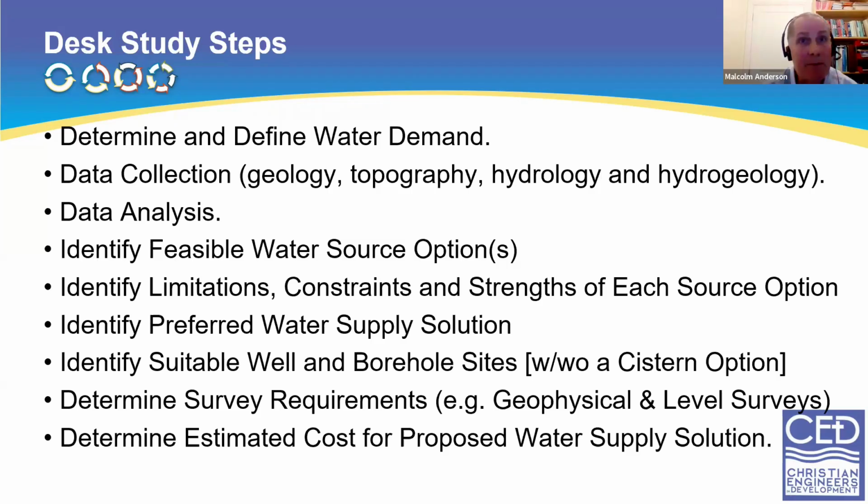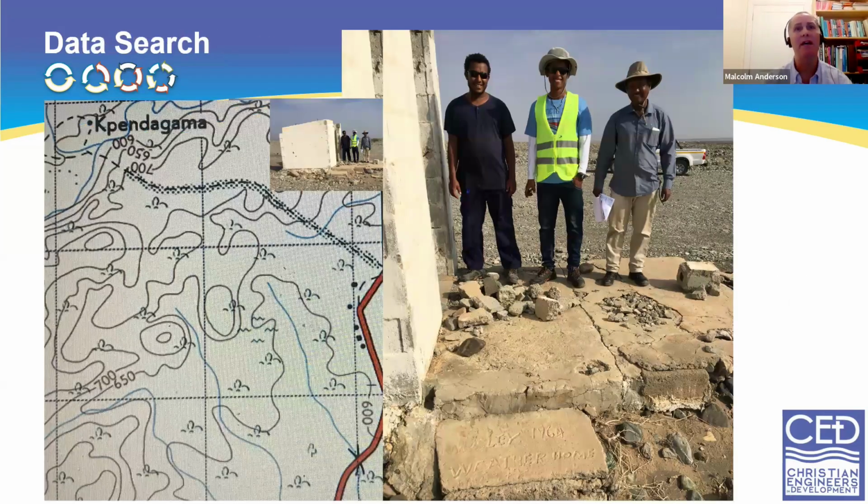We mentioned this previously. So this slide here is just an example for a data search that you've got to carry out. Of interest is this picture here, which I don't know whether you can read it on your screen, but it says here Musley 1964 weather home on this base plate here. And this is a larger picture of this. This is a famous place in the world of hydrology.